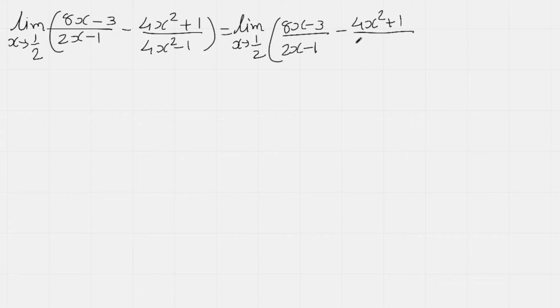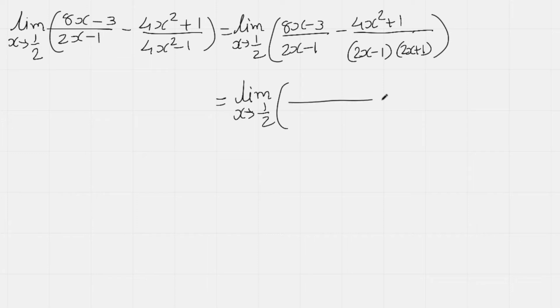So its factors would be a minus b into a plus b. So this is 2x minus 1 into 2x plus 1. Now we need to find out the common denominator. So this is limit x approaches 1 over 2. Common denominator is 2x minus 1 into 2x plus 1.